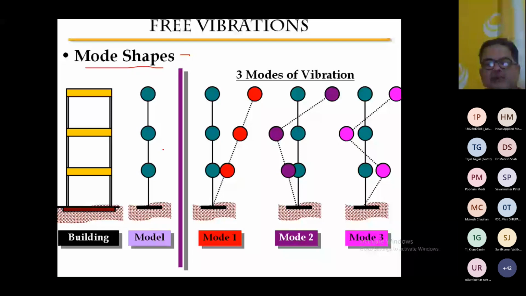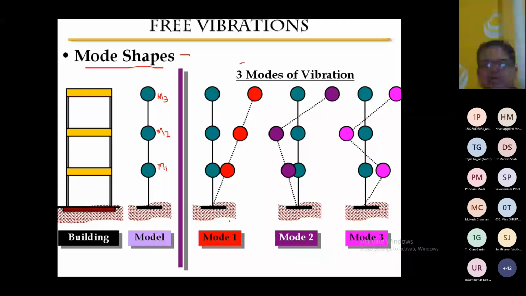Now I'm saying this is the mass m1, m2, right? These are the lumped masses at the floor level. This is our assumption, remember, right? We don't want to make our calculation complicated, right? So now when we go for the 3 masses and the mode shapes, then for different frequencies your system is going to vibrate in a different way, right?